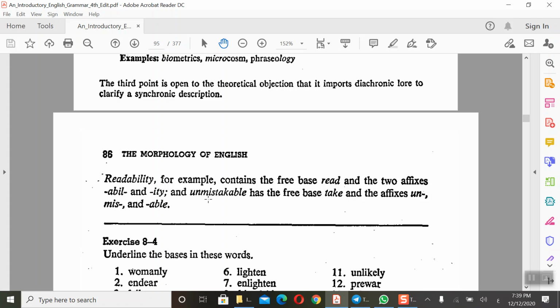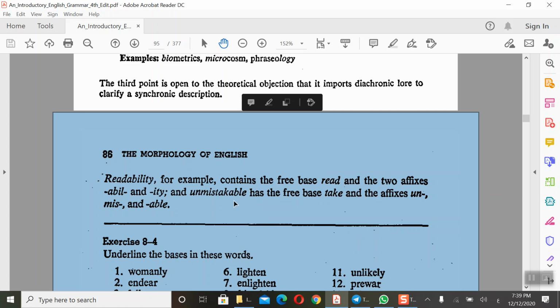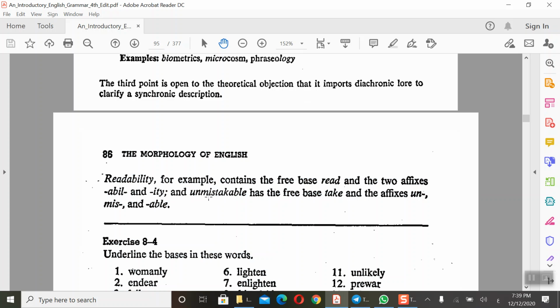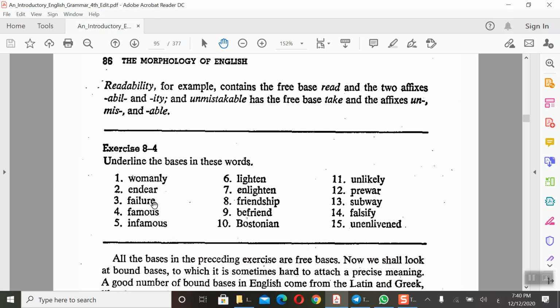For example, the word unmistakable. What is the principal meaning? I mean, the word that has principal meaning in this word. It is take. Okay? Not un, not mis, not able. It is take, which is a free base. And the affixes, the additions: un, mis, able. Here we have these words. You can check them, you can read them.